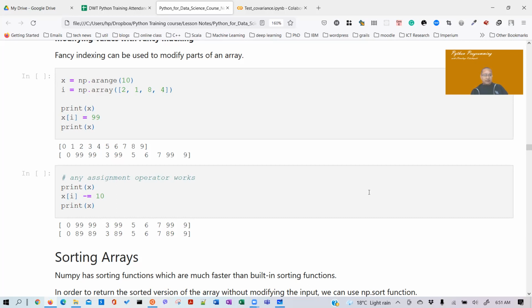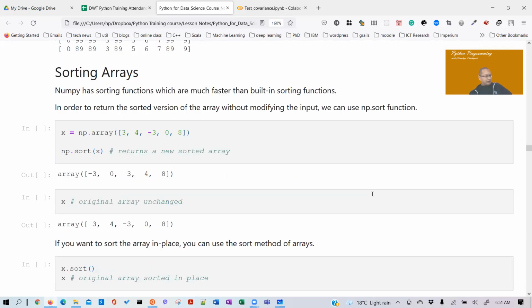The next thing we're going to talk about is sorting arrays. How can we sort arrays? NumPy has sorting functions, which are much faster than built-in sorting functions. In order to return the sorted version of the array without modifying the input, we can use np.sort.